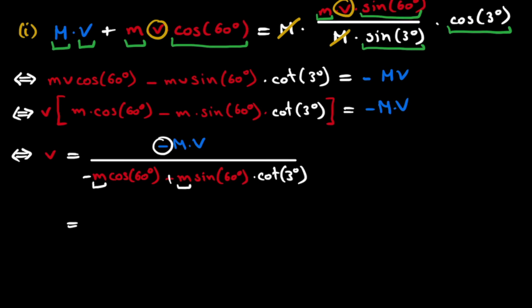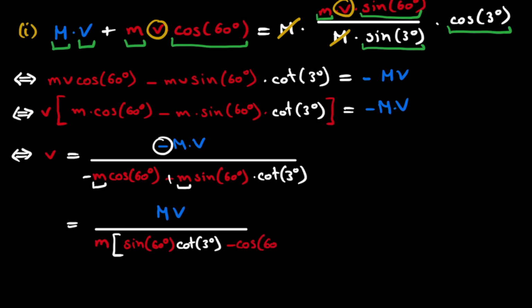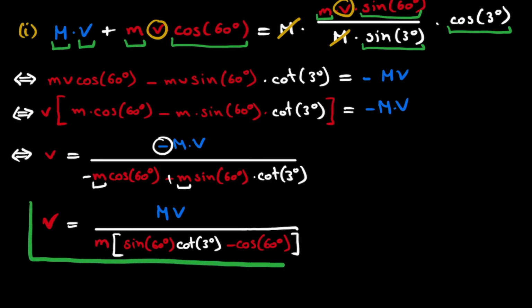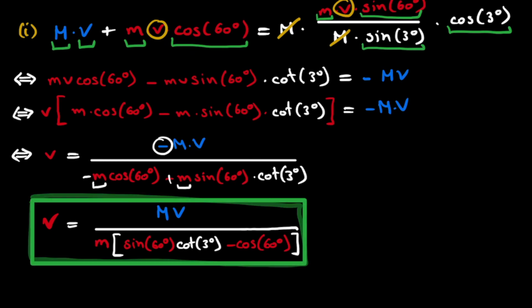We get the mass of the comet multiplied by its velocity divided by the mass of our object multiplied by the following, just all numbers: the sine of 60 degrees times the cotangent of 3 degrees minus the cosine of 60 degrees. And this is now our final result for the velocity that is needed for this object that we launch into space, such that the comet is deflected by at least 3 degrees.